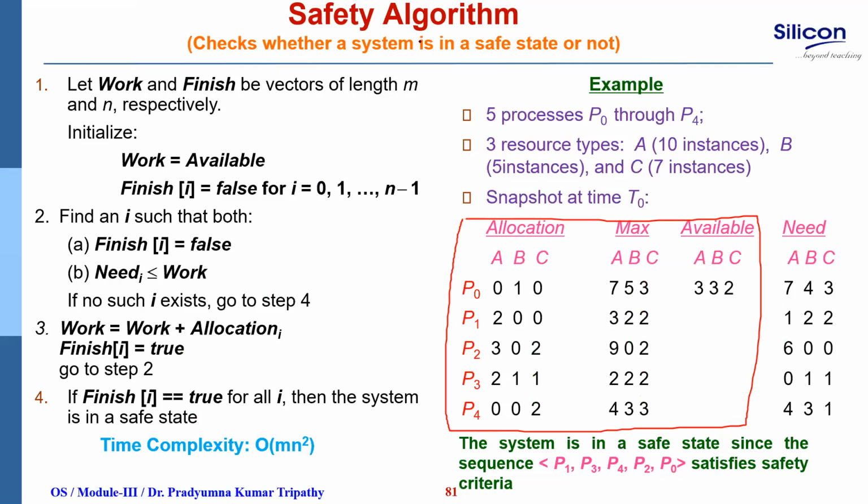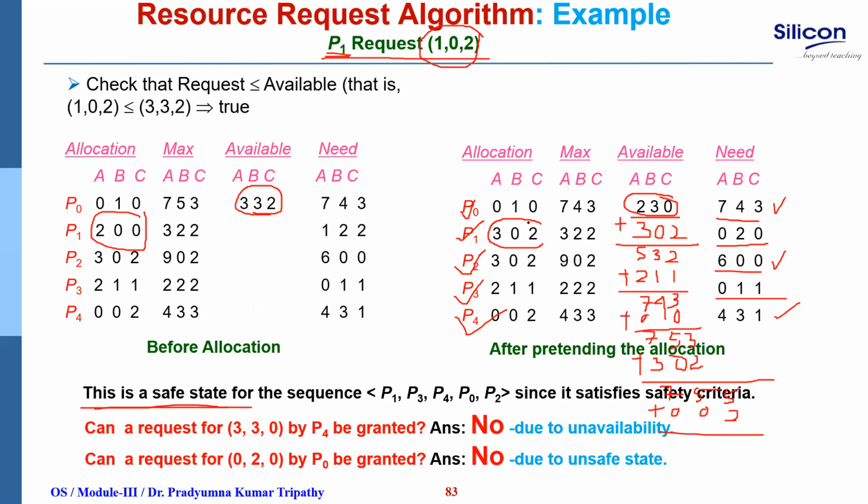So what will we do? This value will be subtracted from the available, so that you get the new available. Then that value will be added to P1's allocation, so that you get the new P1 value. Now simply run the previous algorithm.